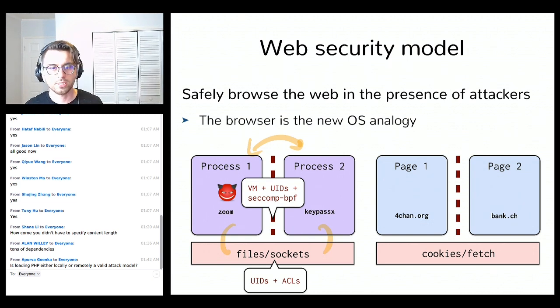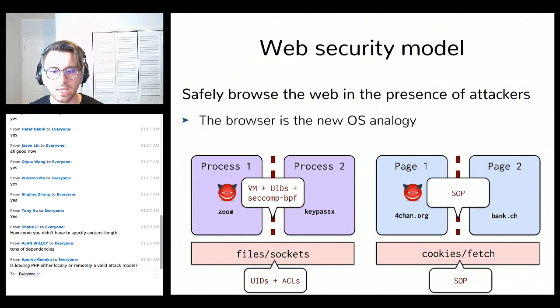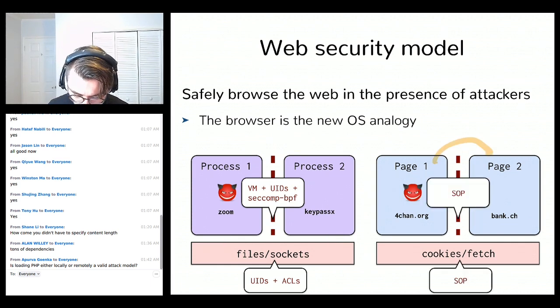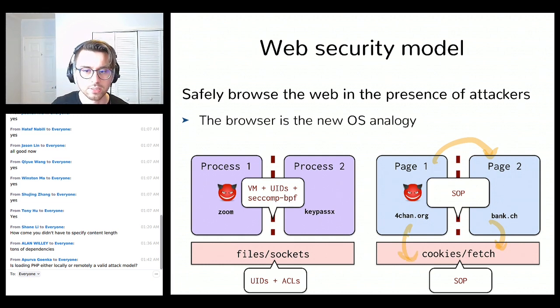This is how we do isolation at the OS level. In the browser, what we have is the same origin policy that prevents 4chan from accessing your bank.ch tab, and the same origin policy ensures that when you write to files which aren't really files, they're really cookies, or when you talk to the network, 4chan and bank.ch are isolated from each other.